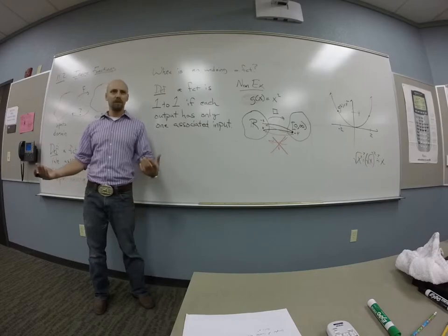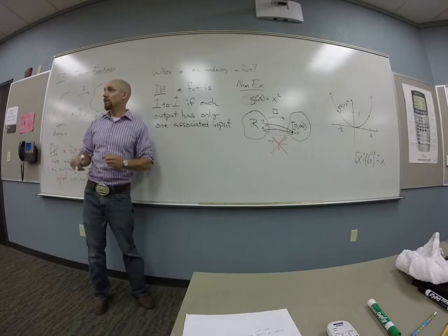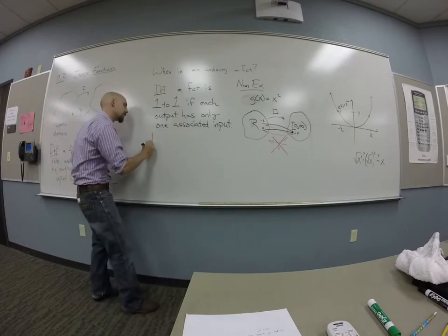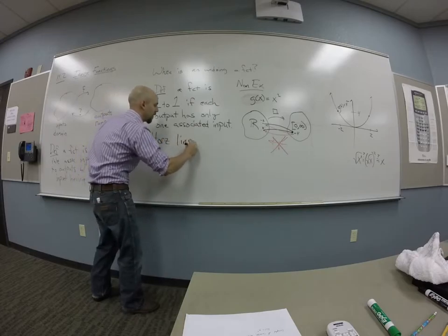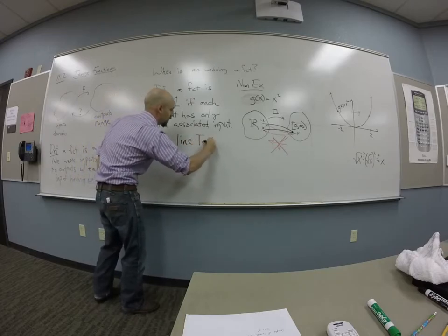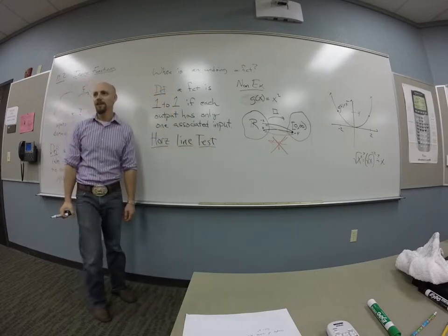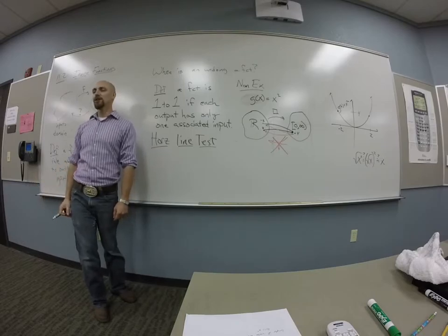There's a test for this that you guys are already doing, it seems like. The test for this is this thing called the horizontal line test. I've heard of that. Okay, so what's the horizontal line test say? What's the vertical line test say? You guys remember that one?